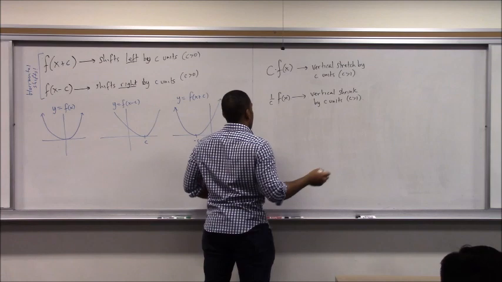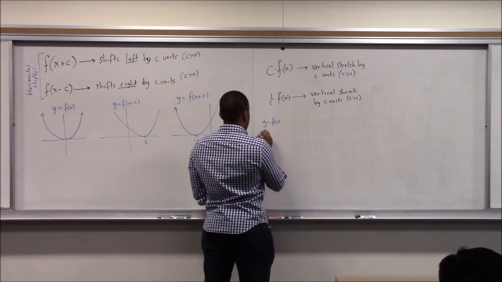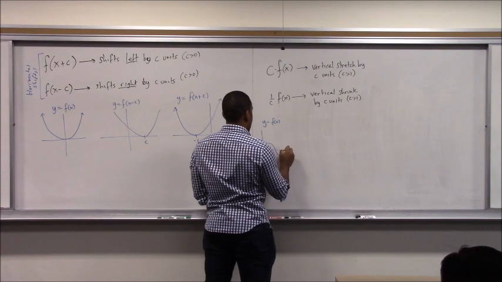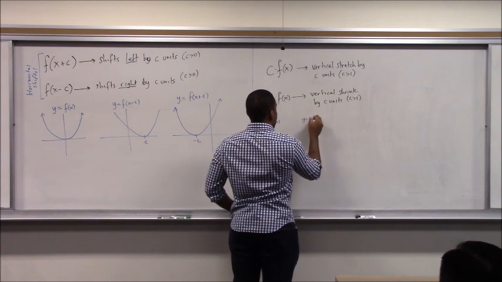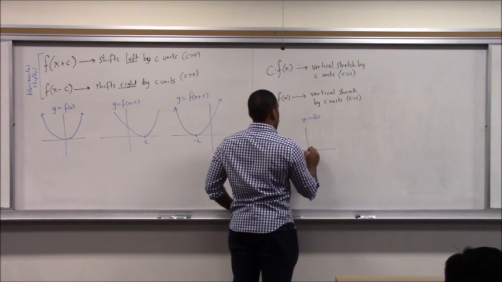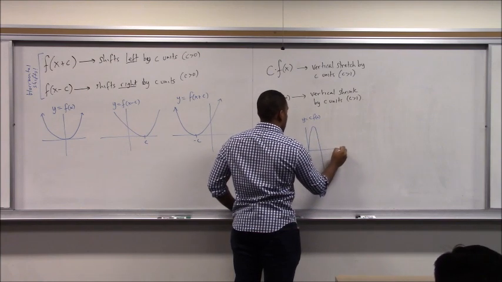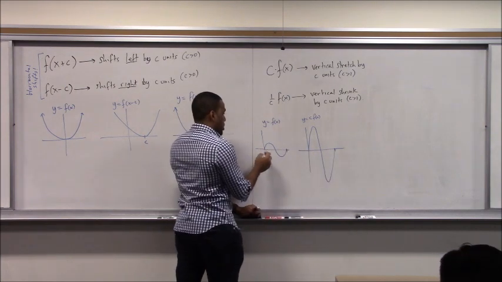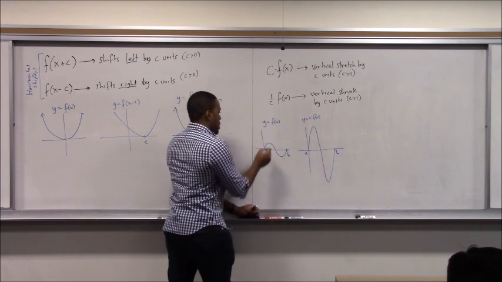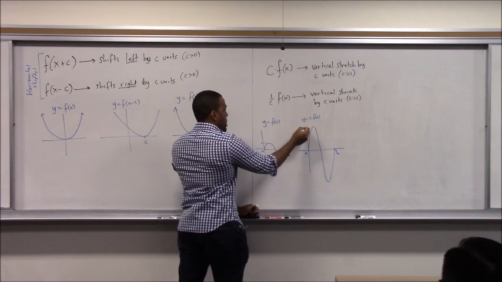And so, an example here, say your y is equal to f of x, and let's say it looks like this. And your y equals c f of x, where c is something larger than 1. We'll stretch it out. Horizontally, it'll cover the same distance. So if this is a and b, it will stay with a and b. But let's say this is at 1, this will now be at c.